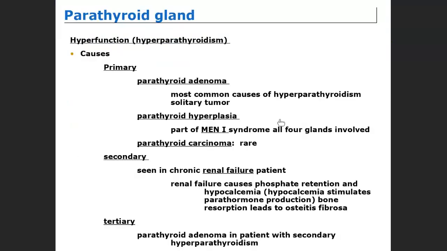Okay. All right, so parathyroid, typically this is the gland that secretes PTH, parathyroid hormone. And PTH's normal function is to increase your blood calcium level.